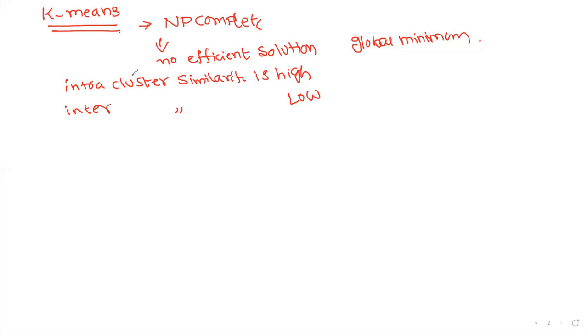That is, the elements present within a cluster are more similar to each other compared to outside the cluster. We have to find that. Now the given data set is divided into how many clusters? This identification of k is an important factor. So k-means is an NP-complete problem. There is no efficient solution to find the global minimum, that is, it is difficult to find the k value.